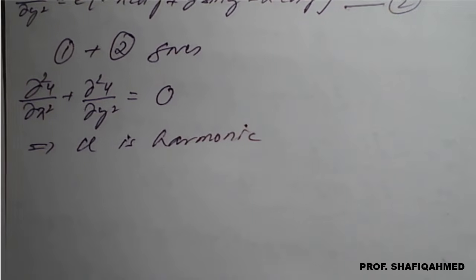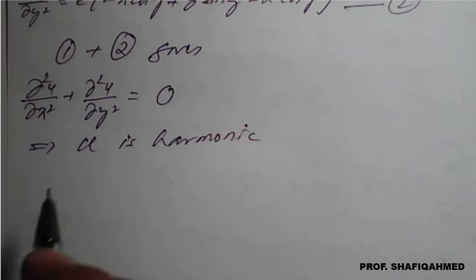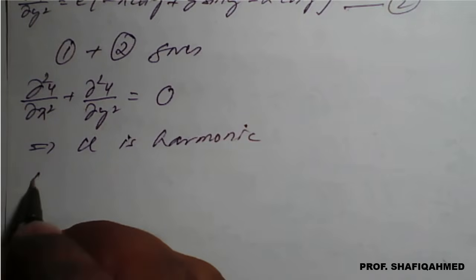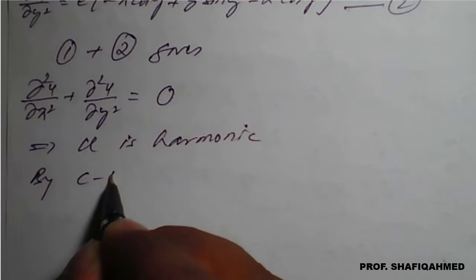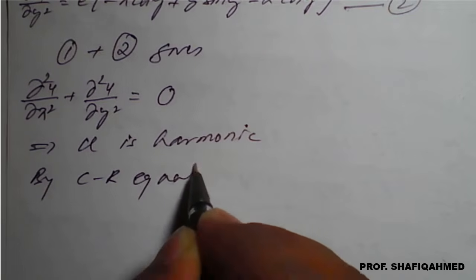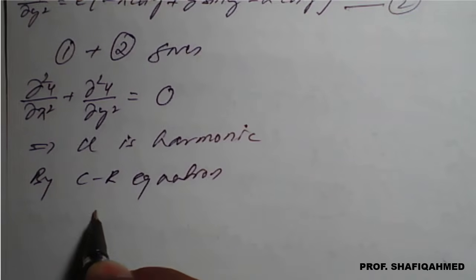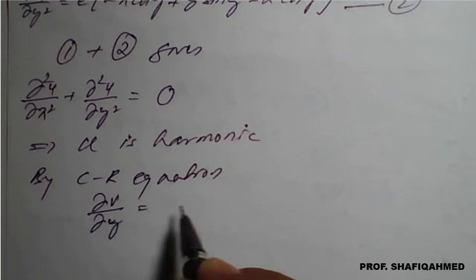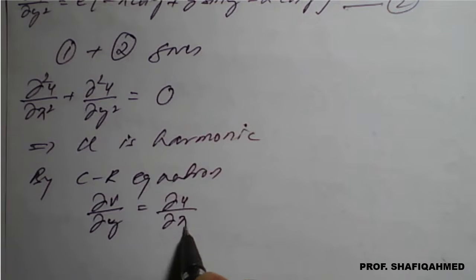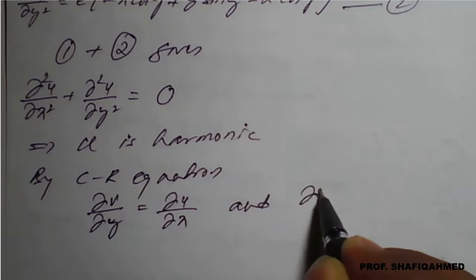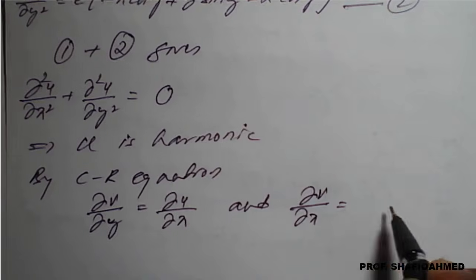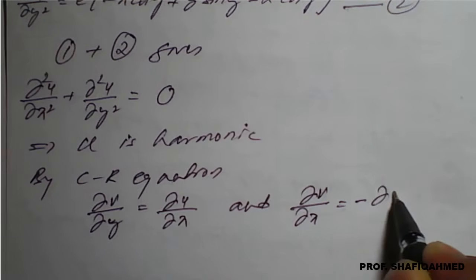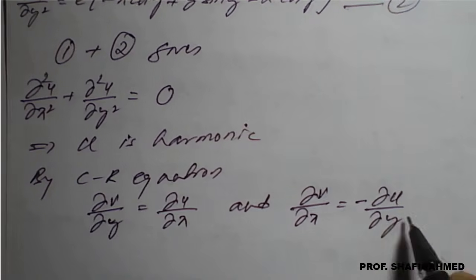So once it is harmonic, then we can go for its analytic function. So by the CR equations, ∂v/∂y is nothing but ∂u/∂x, and ∂v/∂x is nothing but minus ∂u/∂y.